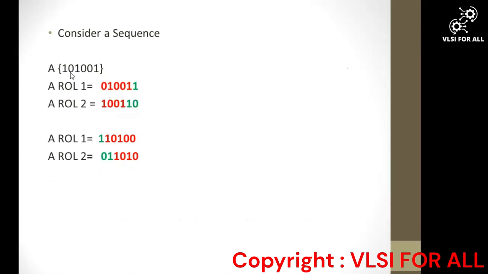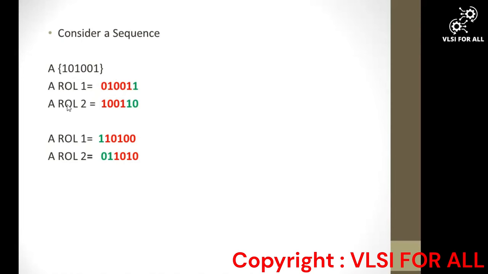If we rotate all these bits, 0 will come at the place of 1, 1 will come at the place of 0, as we can see in the red color. So this is the rotated vector, but this position is vacant. So what will it do? The bit at the first position will come here.